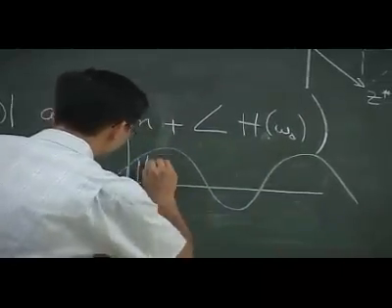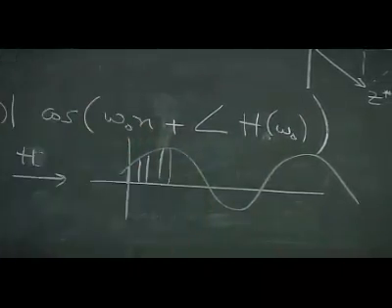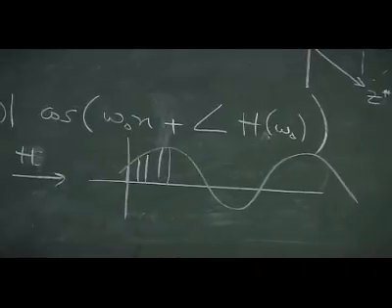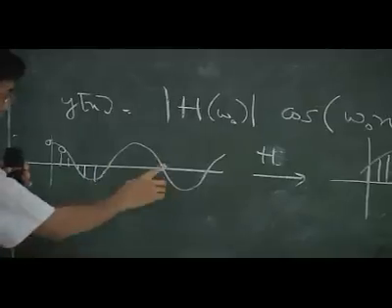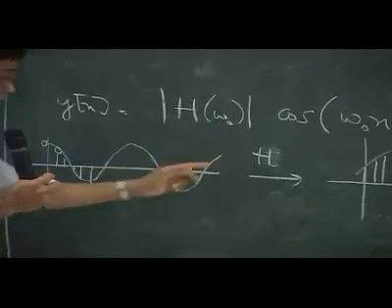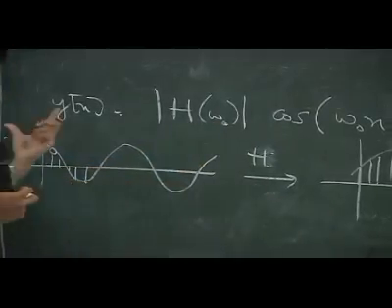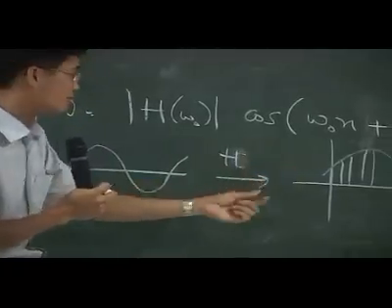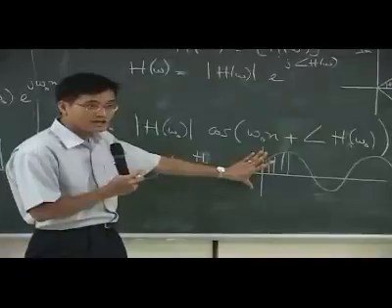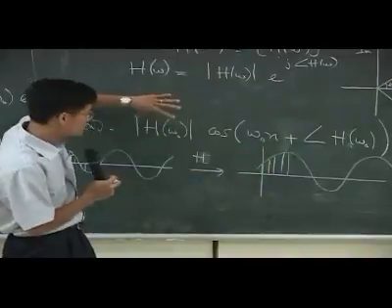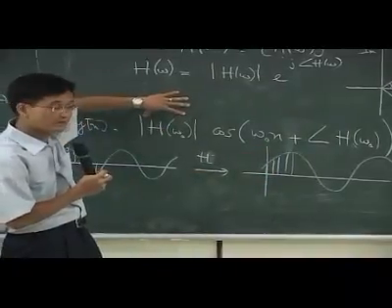Where the samples are now, two things happen. The sinusoidal signal, and this is one particular frequency, omega naught, right? This cosine signal goes through H, and two things happen. One, the amplitude of this gets magnified by the magnitude of H of omega naught, which is the absolute value of this.